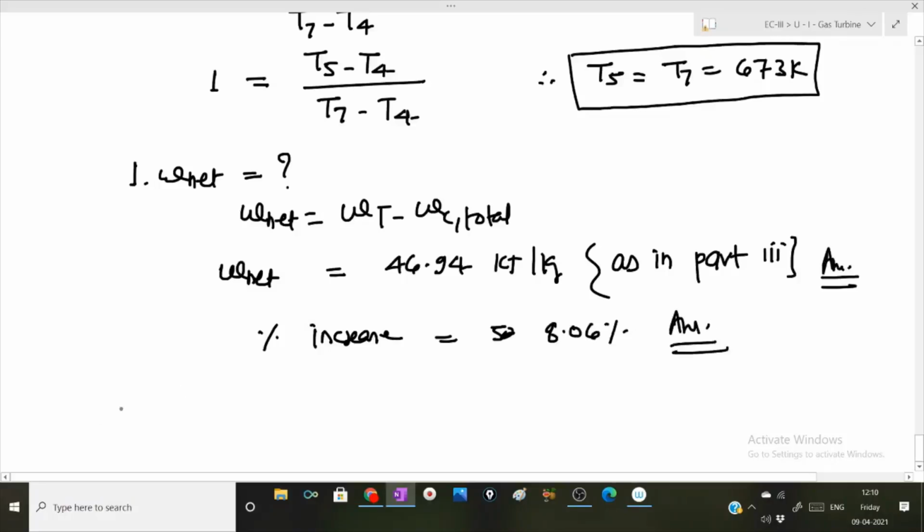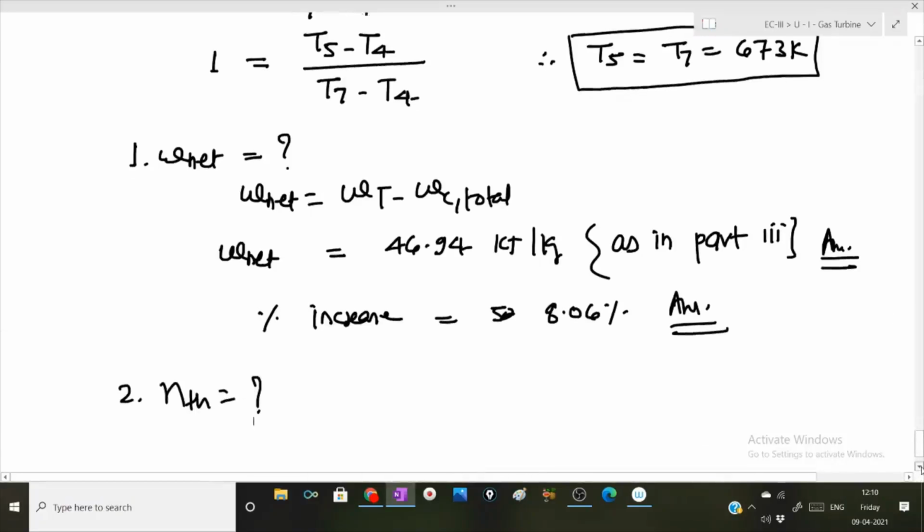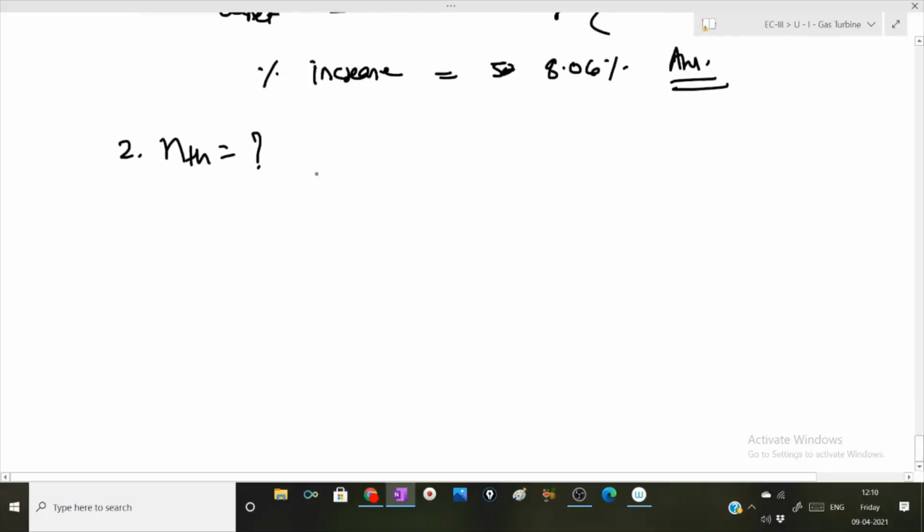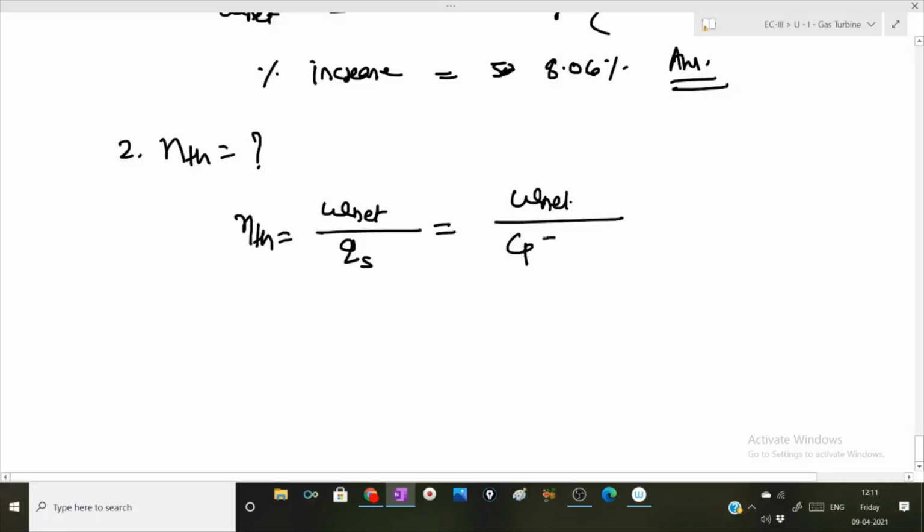Now let us calculate thermal efficiency. This will be W net over QS, W net over Cp into (T6 minus T5).